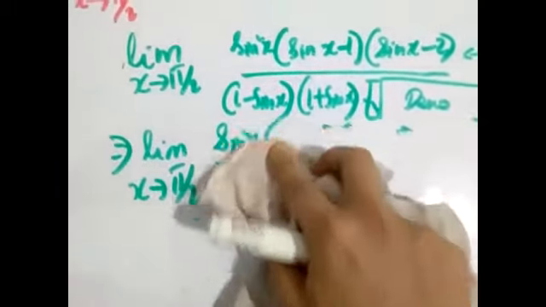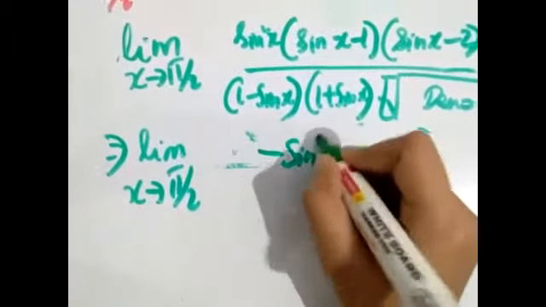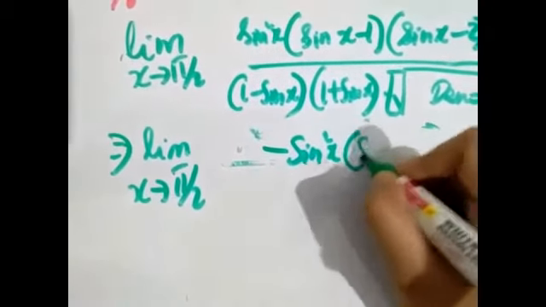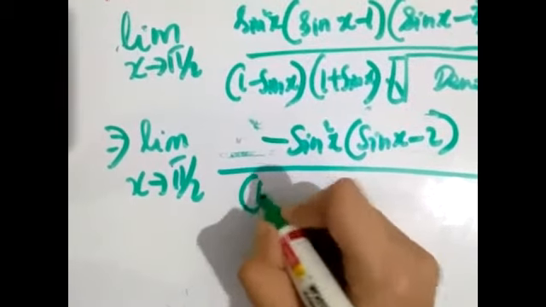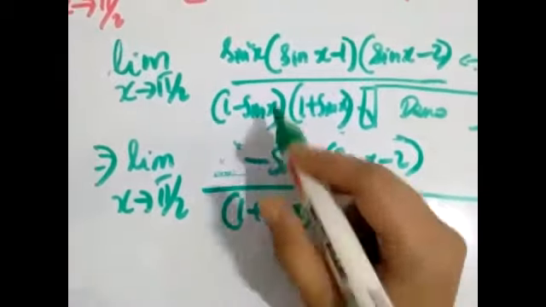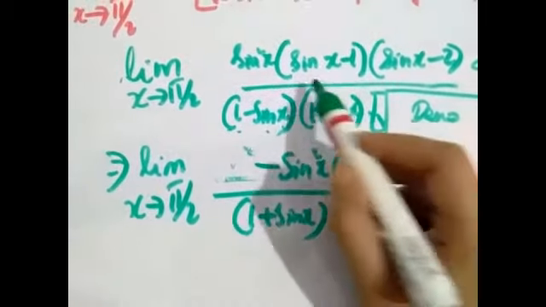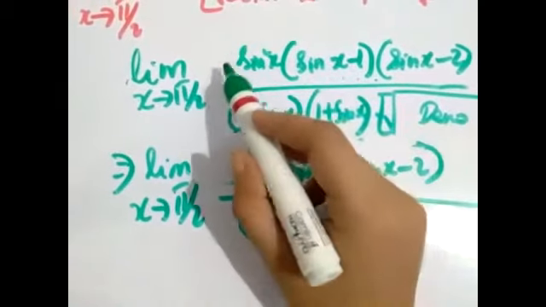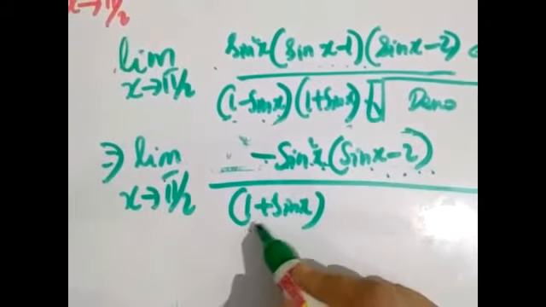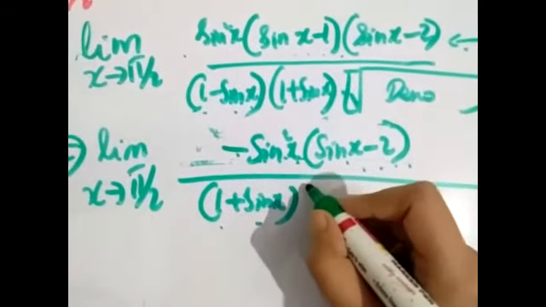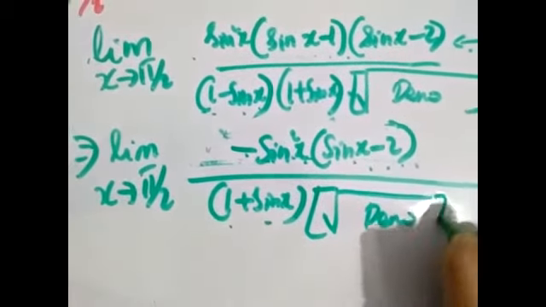Now I can write this as minus sine square x multiplied by sine x minus 2 divided by 1 plus sine x. How come? Because I cancelled 1 minus sine x with sine x minus 1, so there is a minus that comes out. So sine square x multiplied by sine x minus 2 with 1 plus sine x, and the denominator just like that I have it, okay.